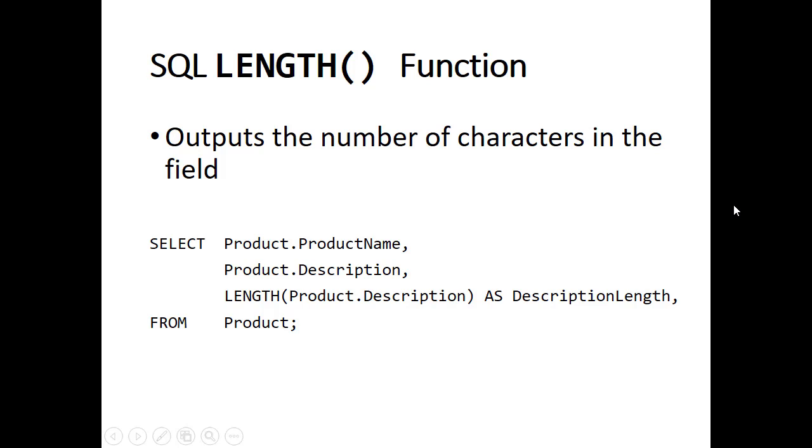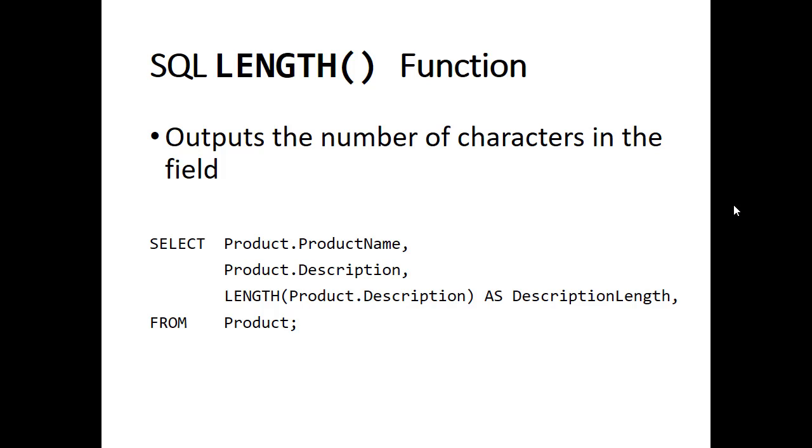Next function is the length function. Sometimes you're concerned with how many characters are in a given field. So say we are putting together a product catalog and we need to ensure that all of our product descriptions will fit in the little box on that catalog or on the web page, and those descriptions need to be no more than 100 characters.